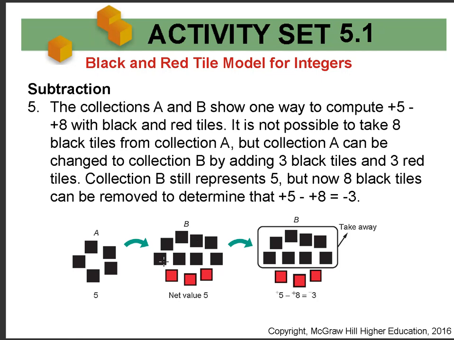But if I add 3 black and 3 red to this collection, then I still have a net value of 5, and now I can take away my 8 black tiles and clearly see that I have 3 red tiles remaining. This is an excellent example of why black and red tiles are very useful. They really help kids understand this concept of subtracting positive and negative numbers and give you a nice model to do this.